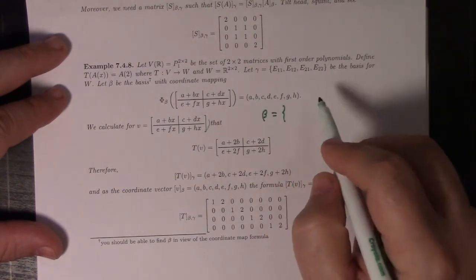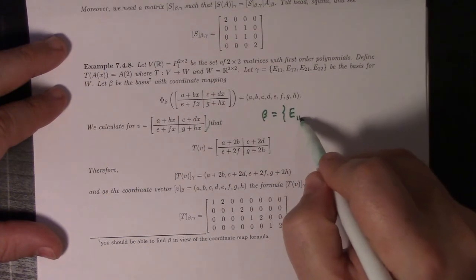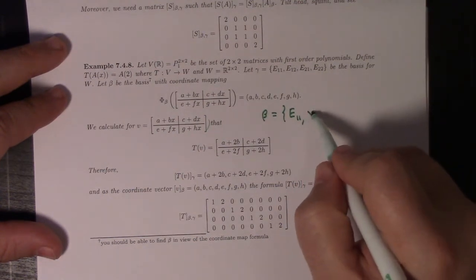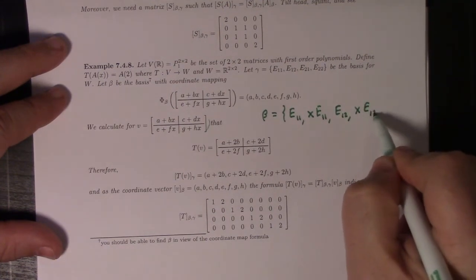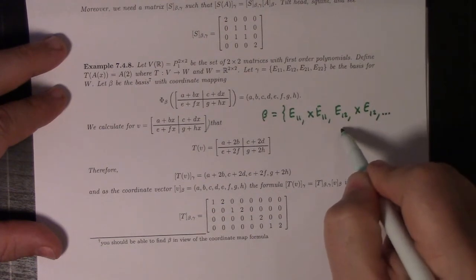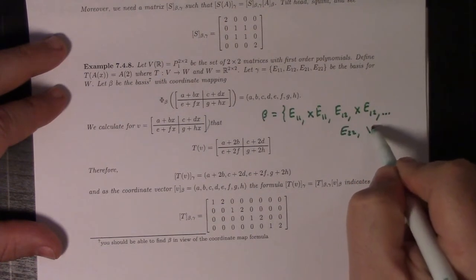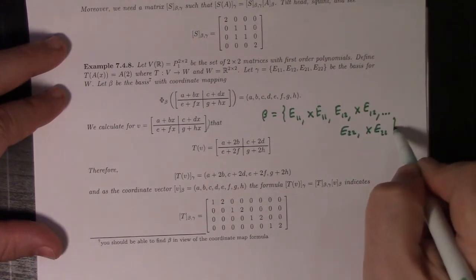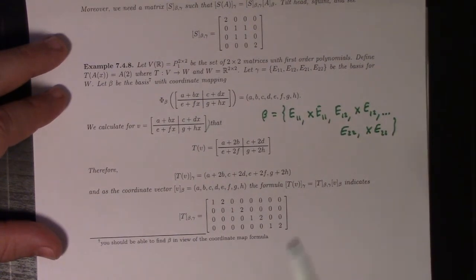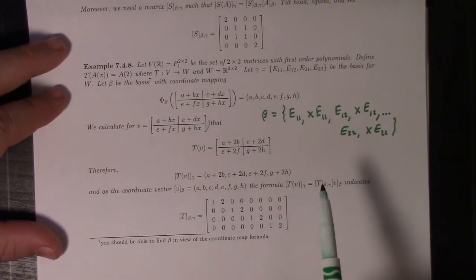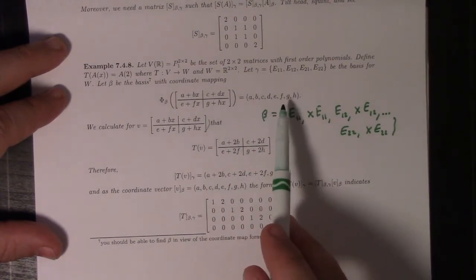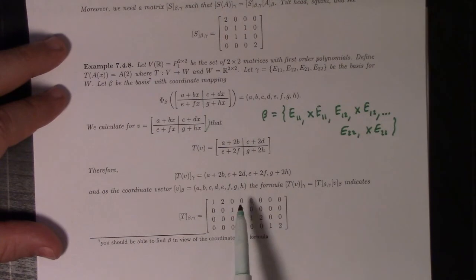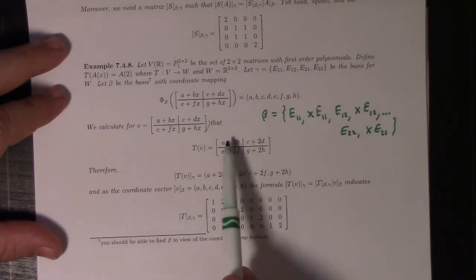I was being lazy when I wrote these notes. E11, and then the next one would be x E11, and then E12, and then x E12, and so forth until we get to E22, and then x E22. That is the basis that I'm using there. Anyway, so there's the action on the generic element, and the coordinate vector of that is this.